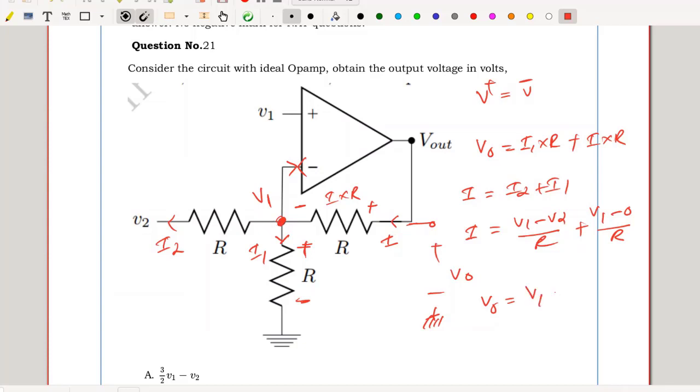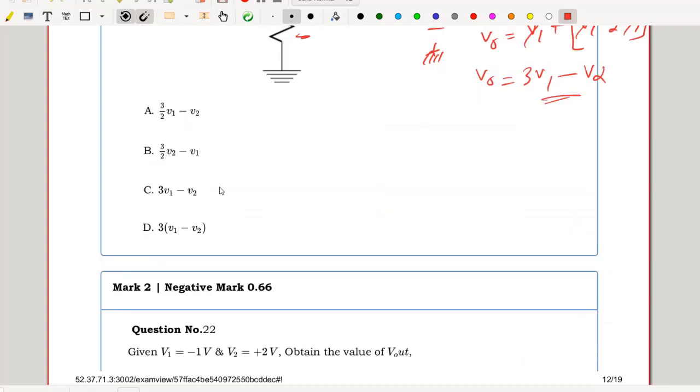So V1 plus I multiplied by R. I multiplied by R will be equal to V1 minus V2 plus V1. Hence V out is equal to 3V1 minus V2. Hence option C is the right choice.